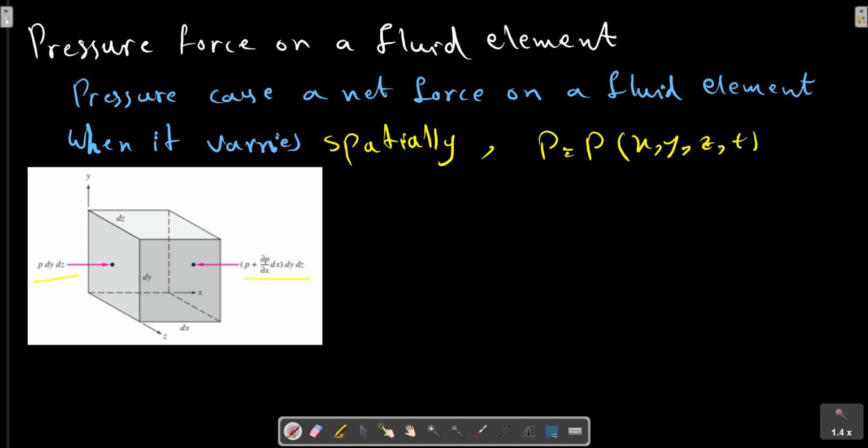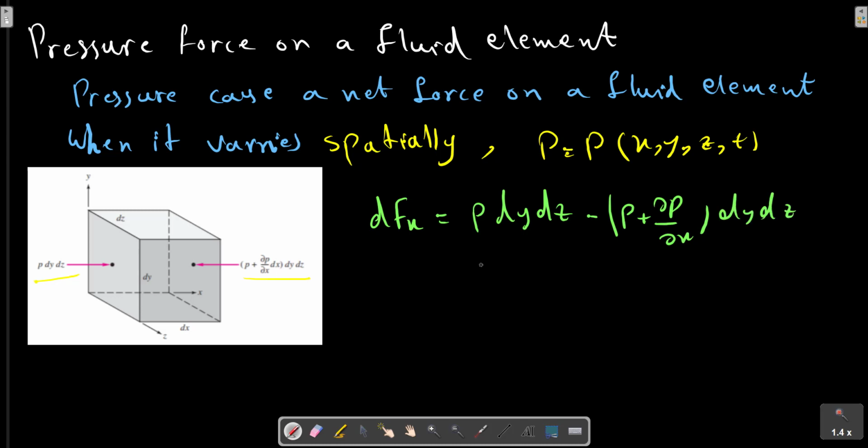The net force in the x direction on the element is dFx, P multiplied by the area, minus again P at the other face multiplied by the area. This is the net force on the element.